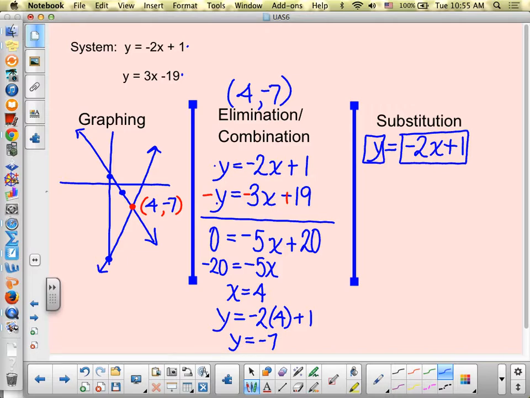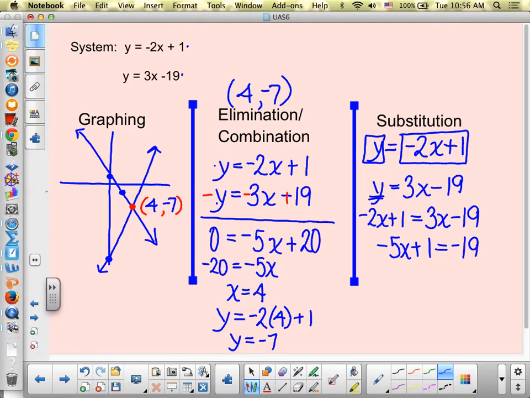I'll go to the second equation now, and instead of y equals 3x minus 19, in place of y, I'm going to substitute -2x plus 1 and the rest of my equations. So the replacement happened for the y, and now I'm going to solve this equation.